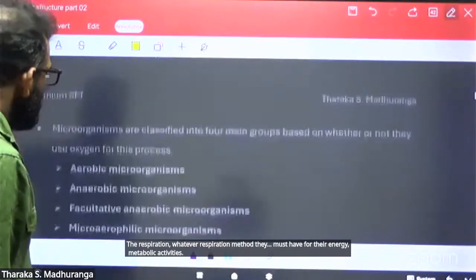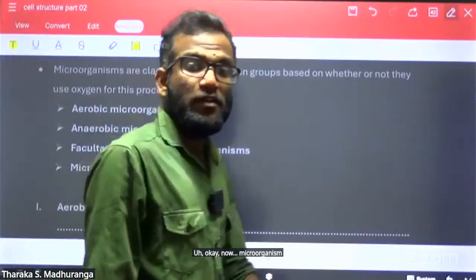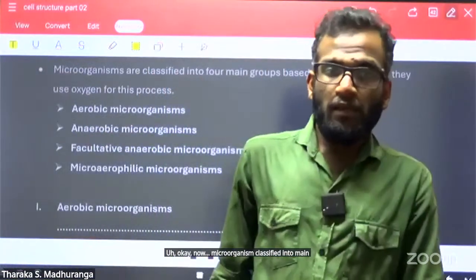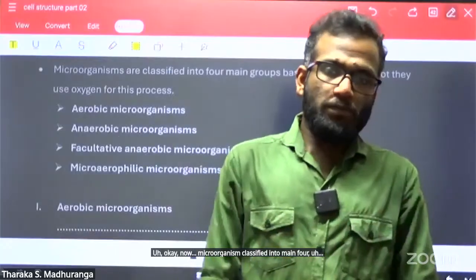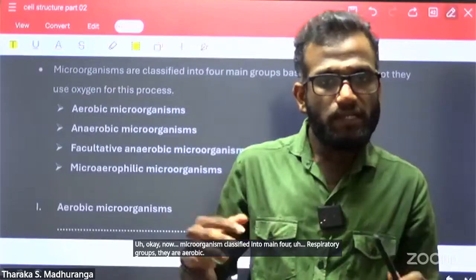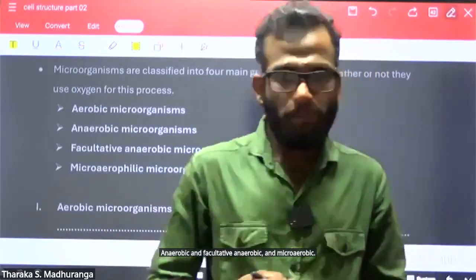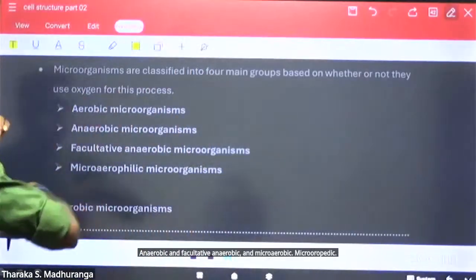Microorganisms are classified into 4 main respiratory groups: aerobic, anaerobic, facultative anaerobic, and microaerobic. I will explain one by one.